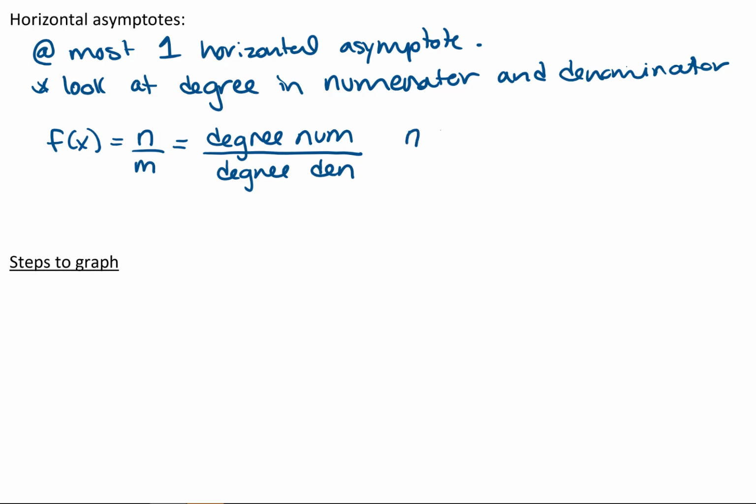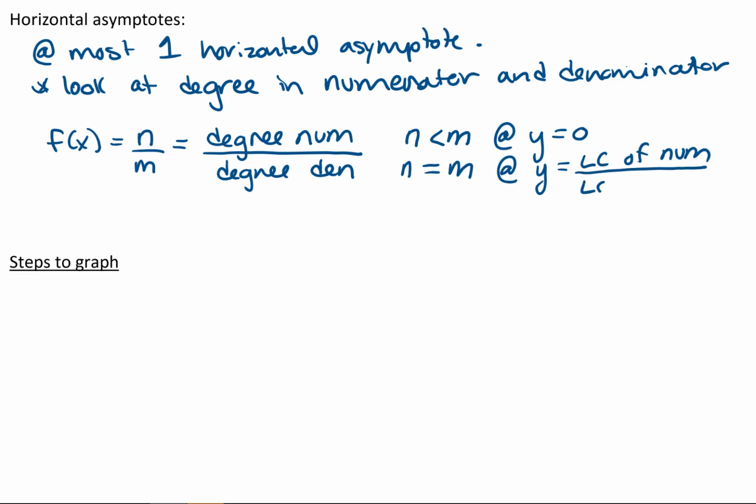So if the degree in the numerator is less than the degree in the denominator, the asymptote is y equals 0. If the degree in the numerator is equal to the degree in the denominator, the asymptote is an equation where we use the leading coefficient of the numerator over the leading coefficient of the denominator.